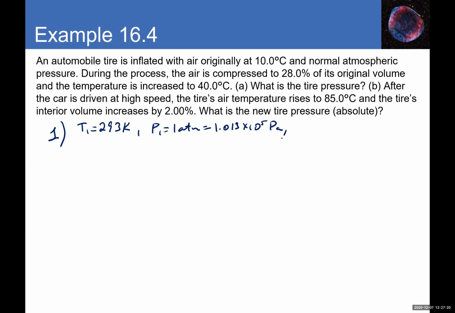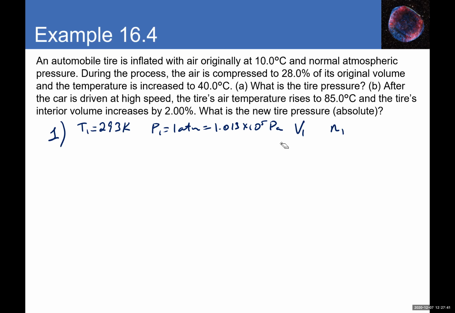And then let's say V1 is the volume of that first state, and I can also put N1 as the number of molecules. So those are my initial state variables.